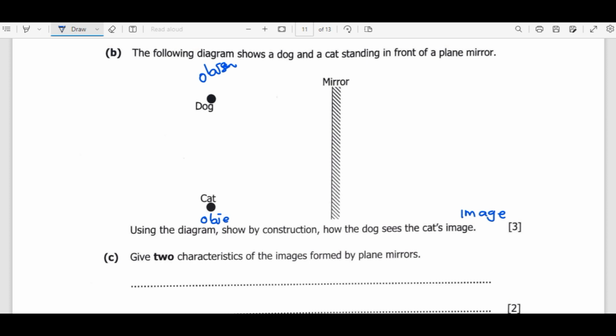So the first step that you're supposed to know here is that you need to draw a line from the object. Then please make sure you use a ruler. So you draw a line from here, then it needs to go to the observer. Now how do you draw the arrows? The arrows must point into the eyes of the observer. Then from there we are going to draw the normal as usual in dotted lines.